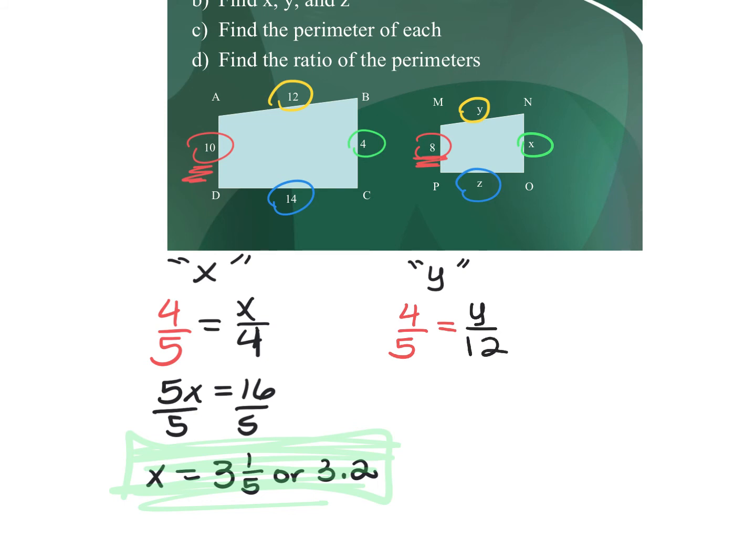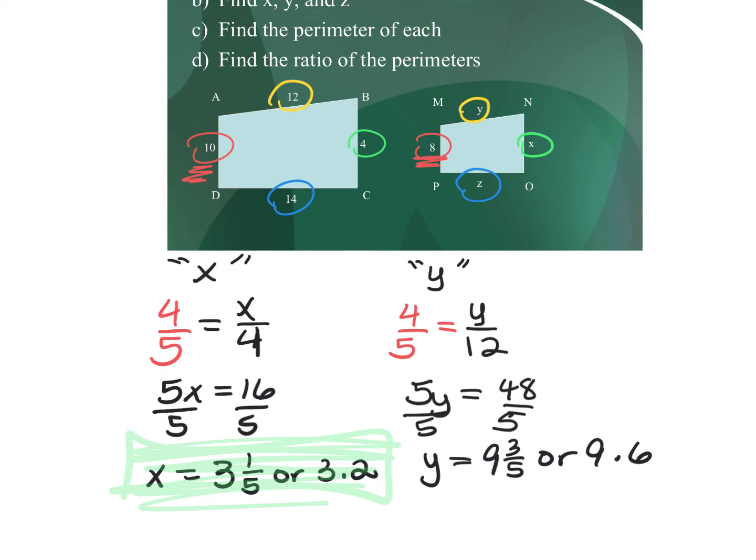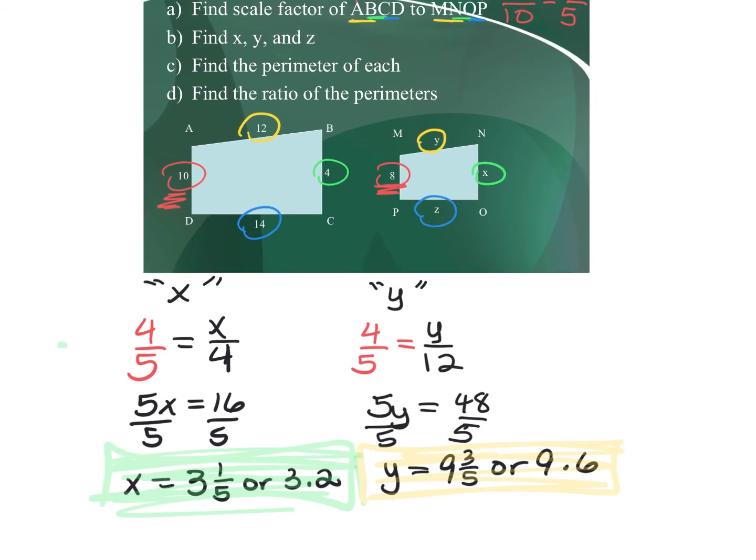I'm going to cross multiply. 5y equals 48. Divide by 5. And 5 goes into 48 9 times with 3 left over, or we could say it's 9.6. So this was the yellow. And now lastly, to find z.